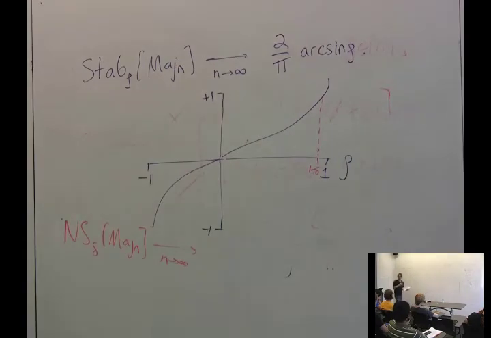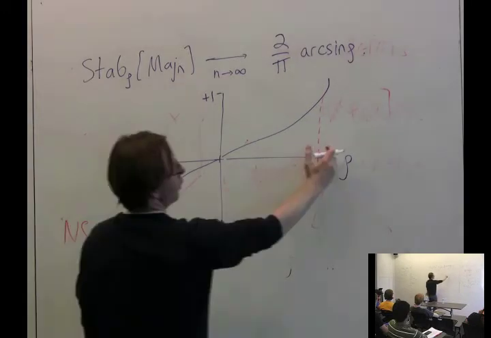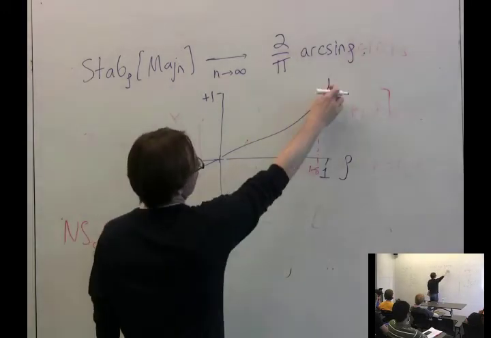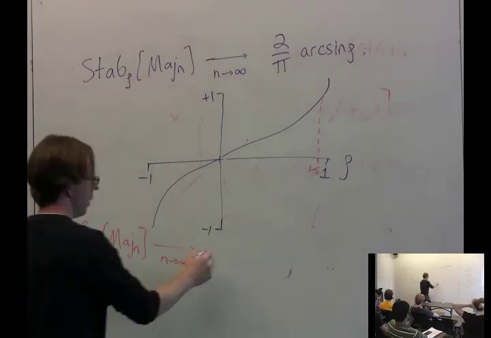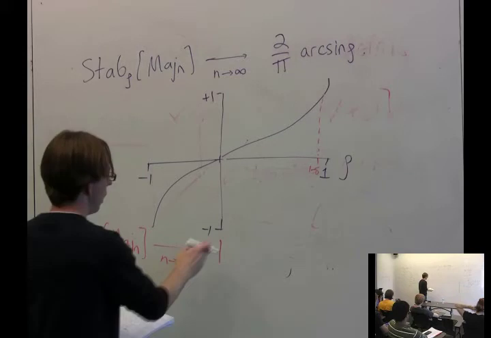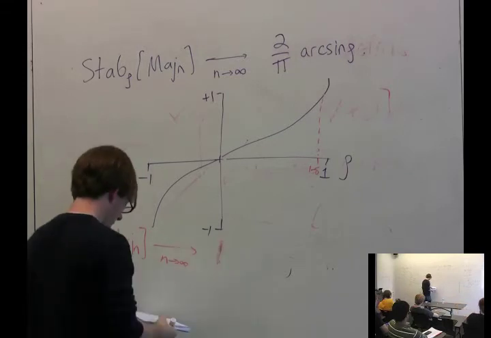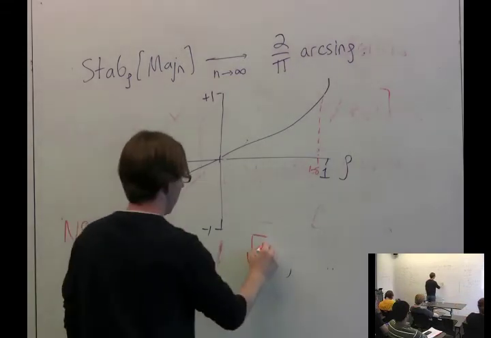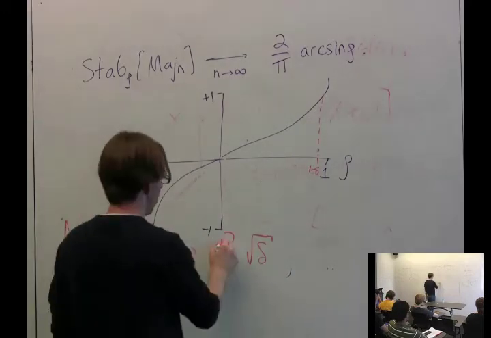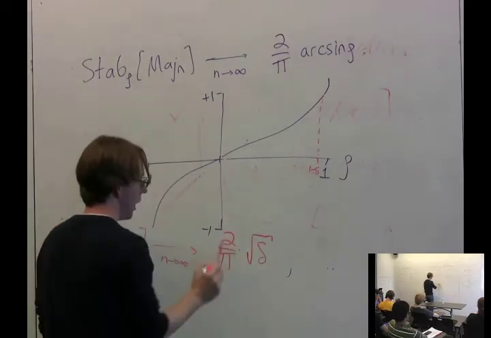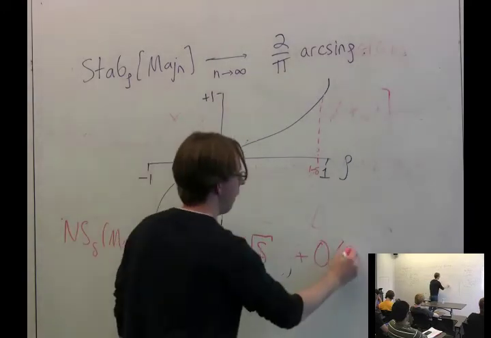It's quadratic if you look at the Taylor series. I'm not going to belabor the point, but if you go delta this way, this change is like root delta. So this goes to something proportional to root delta. There's even a constant of proportionality, which is not important. It happens to be 2 over pi.